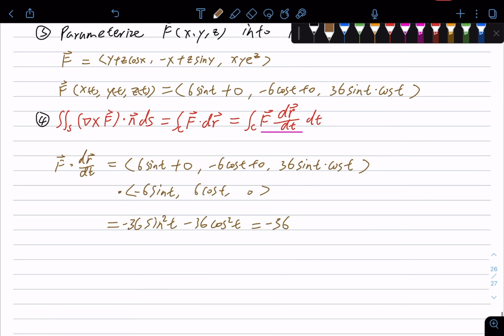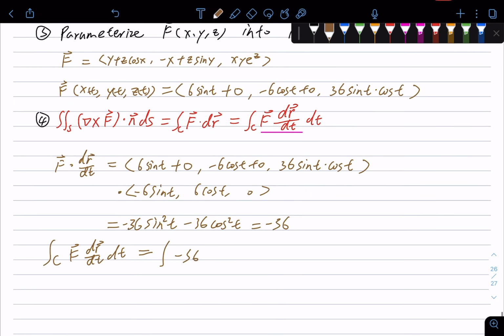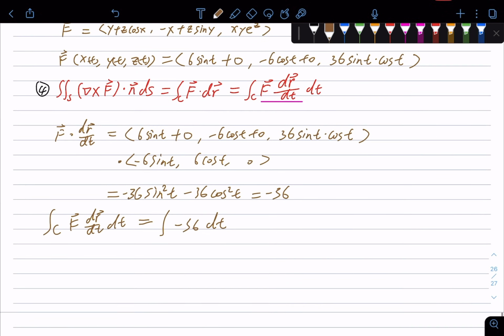So finally, we're going to have the integral of f dot dr dt equals negative 36 dt, with bounds 0 to 2 pi. So from 0 to 2 pi, this will be negative 72 pi.